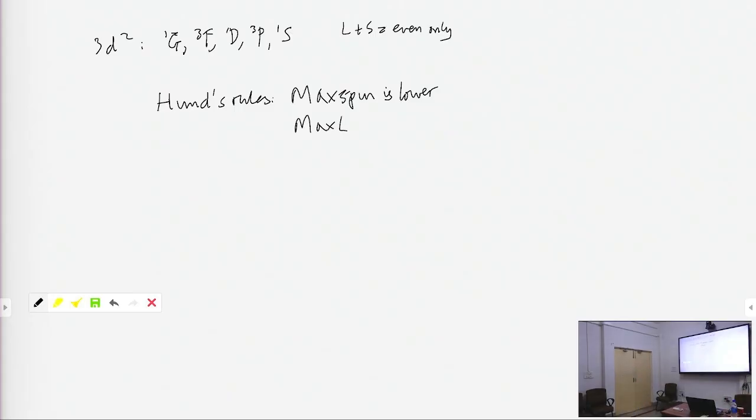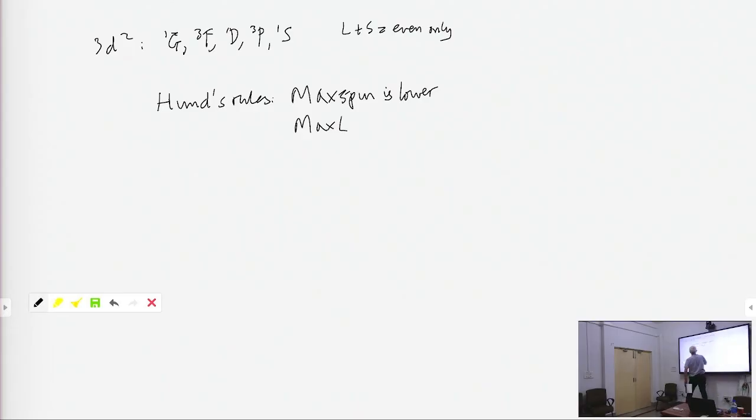So for a given configuration, the state with the maximum spin multiplicity is the lowest in energy, is the actual statement of Hund's rules. For a given spin multiplicity, the state with the maximum orbital angular momentum is lowest in energy.